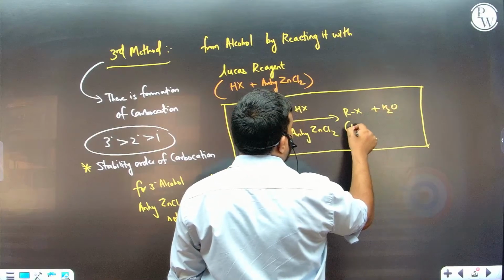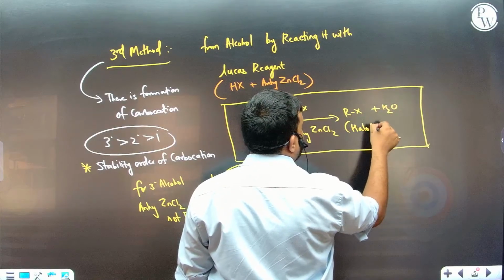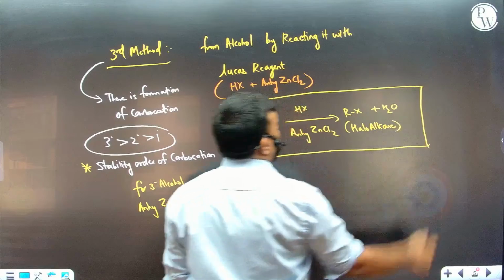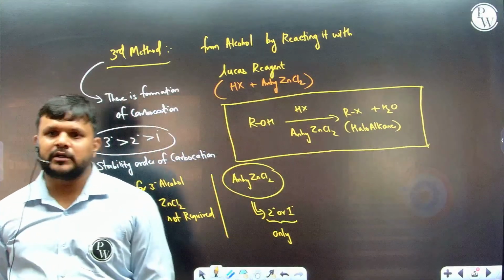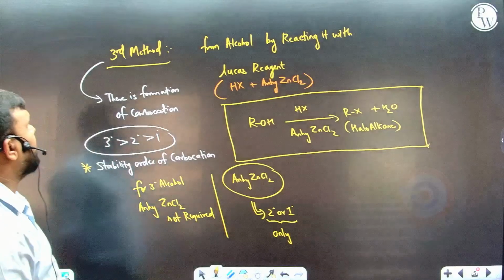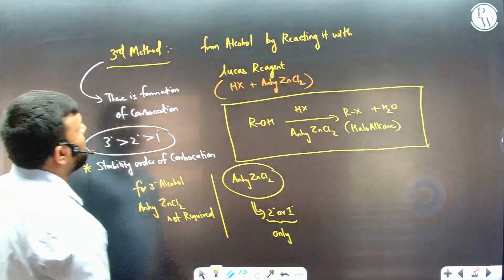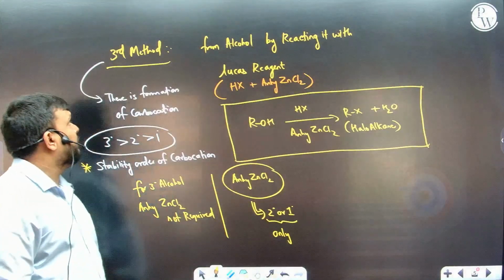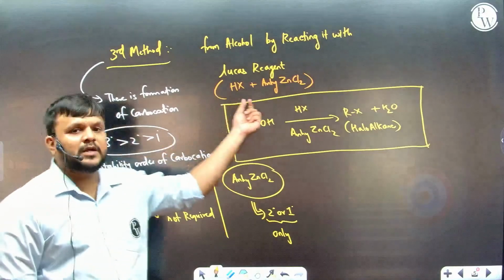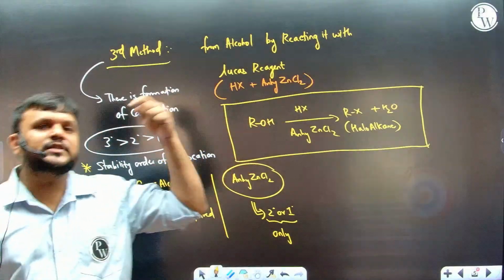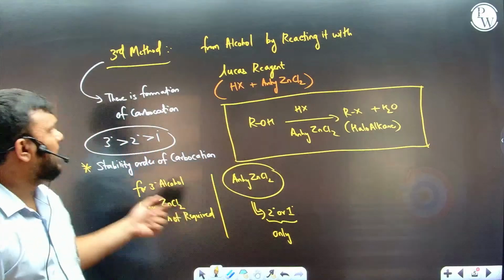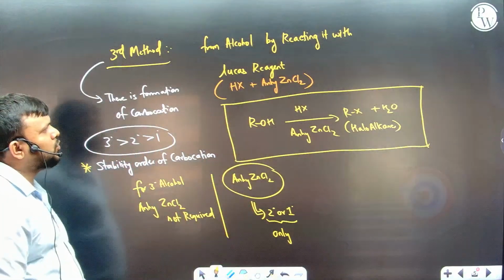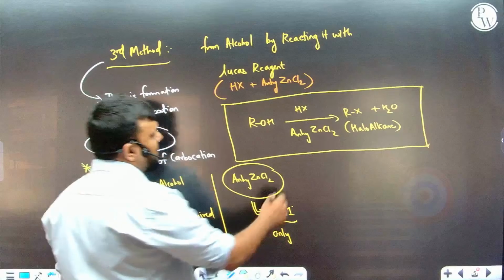So you are getting haloalkane from alcohol. So this was the third method of preparing haloalkane from alcohol, and we had reaction with HX plus anhydrous ZnCl2, which is a Lucas reagent, and by this method also we carry out the Lucas test.